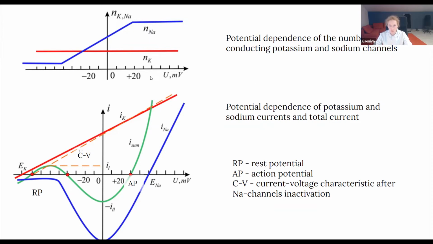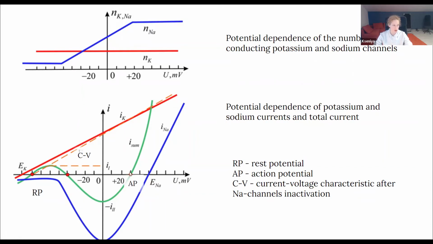The second graph shows the current-voltage characteristics for sodium, potassium, and their sum. The green line is their sum. The points of intersection of the total graph are the resting potential and the action potential.